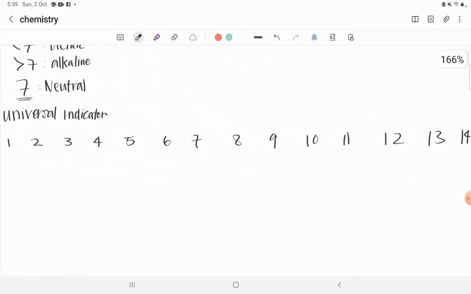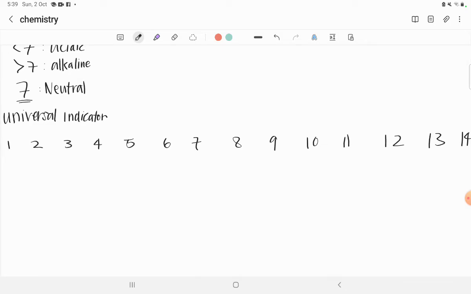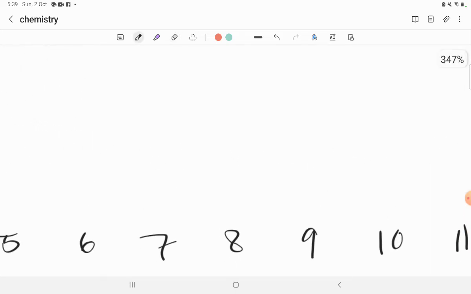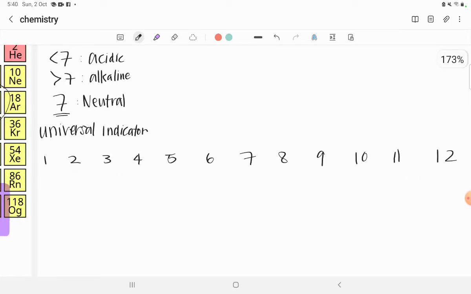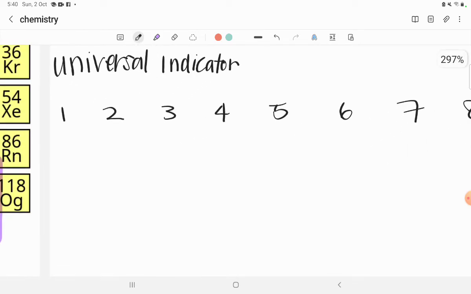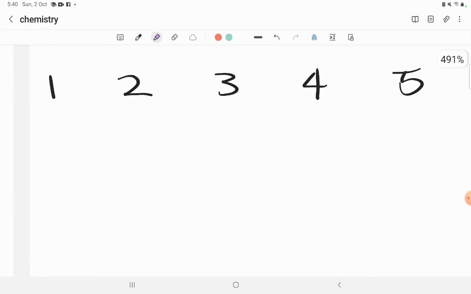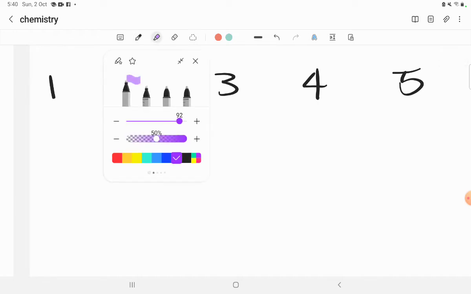Okay, so all these numbers, they are the numbers on the pH scale. A universal indicator is basically a substance that will change color depending on the pH level. Okay, so now let's use a highlighter.